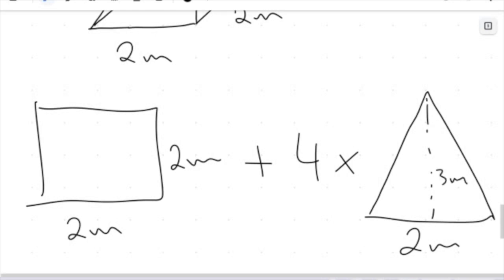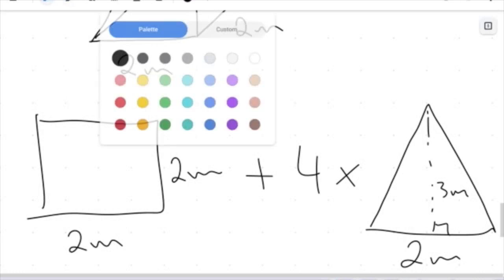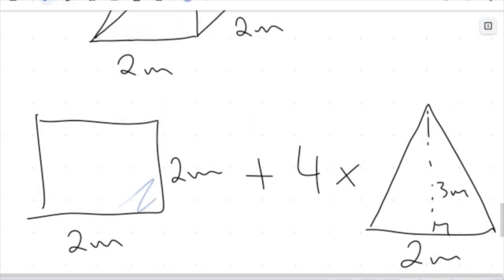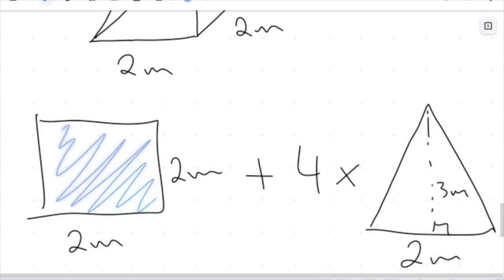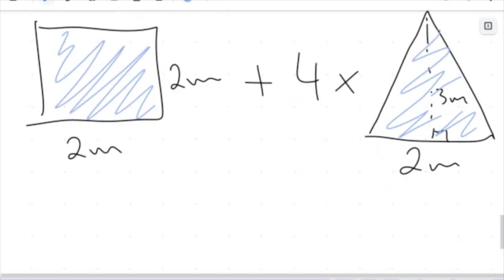So these meet at a 90-degree angle. So these are all of my surfaces. To find the surface area, I want to calculate first this area, then this area, and then add all of these together, noting that I have 4 lots of my triangle here.